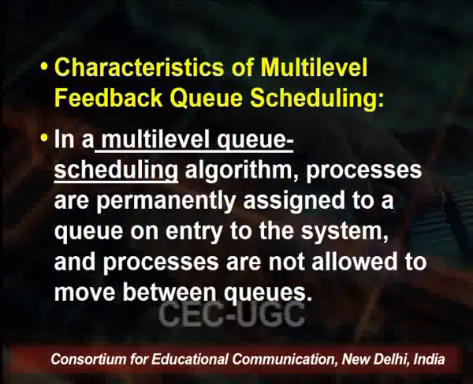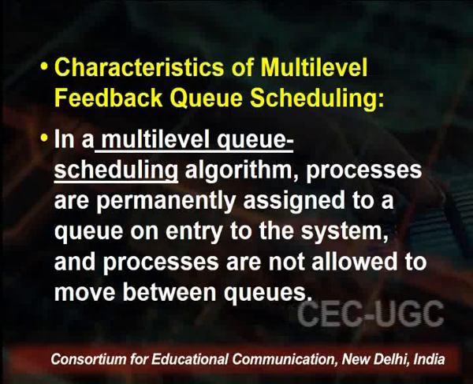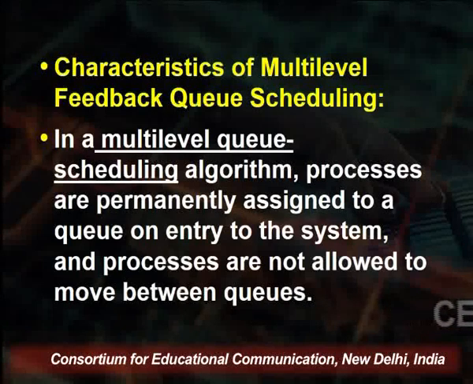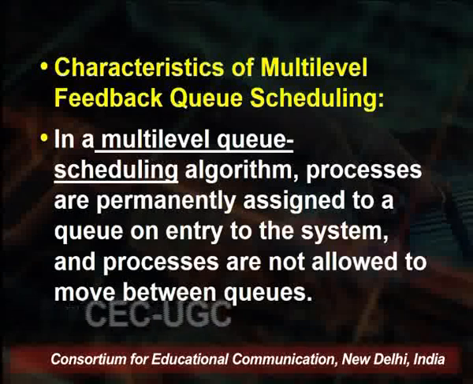If we talk about the characteristics, in multi-level queue scheduling we have seen that processes are permanently assigned to a queue on entry to the system and not allowed to move between the queues. But in multi-level feedback queue scheduling this is not the scenario.